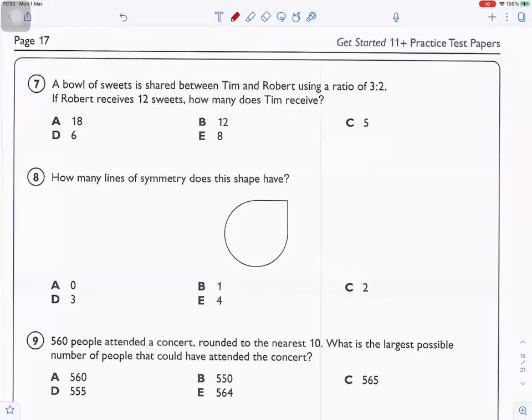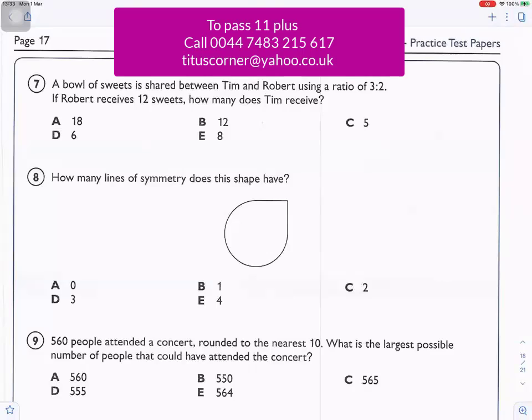Question number 7. A bowl of sweets is shared between Tim and Robert using a ratio of 3:2. If Robert receives 12 sweets, how many does Tim receive? So we can say let X represent the number of sweets that Tim receives. So we will have Tim is to Robert.